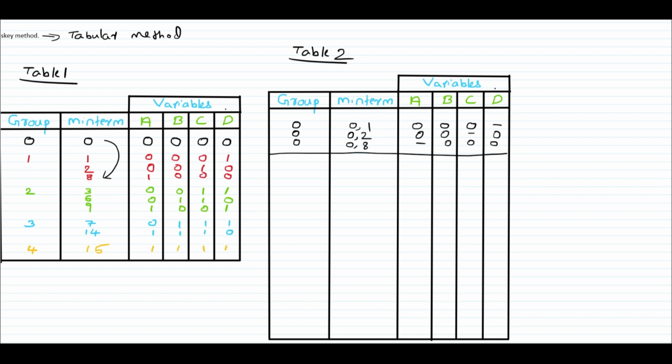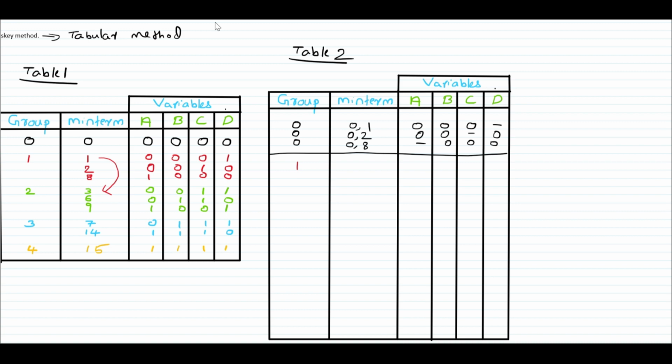And now we will see about group 1. That means group 1 should be compared with each element of group 2. So first we will compare minterm 1, that is group 1's first minterm, with group 2's first minterm, that is 3.